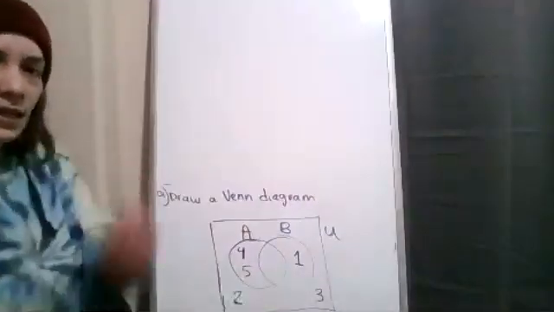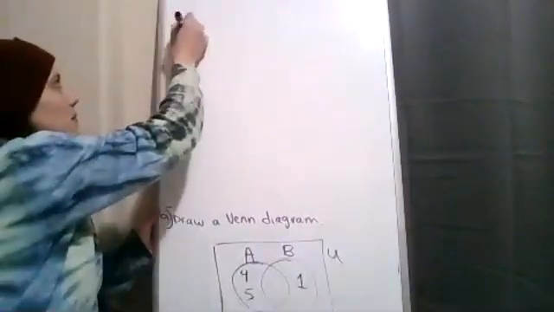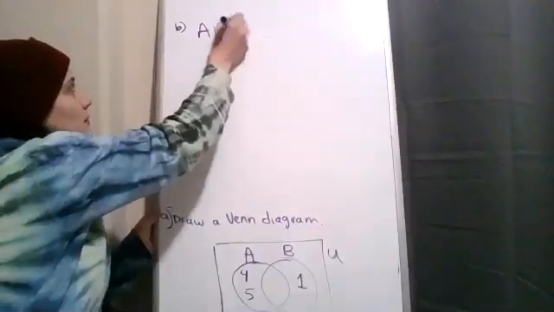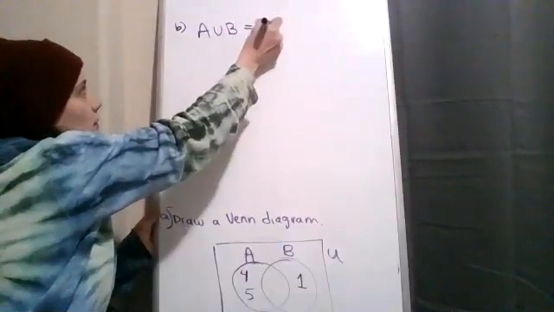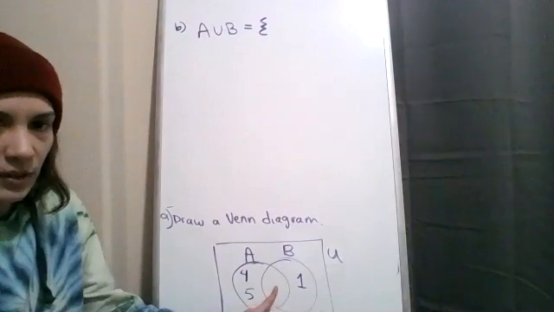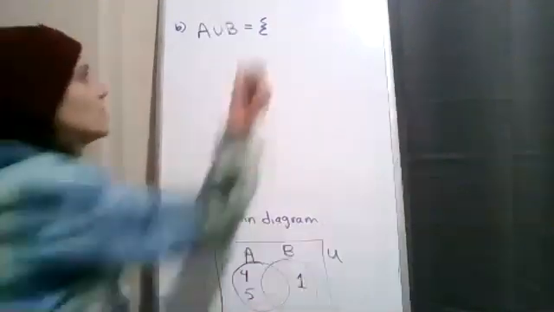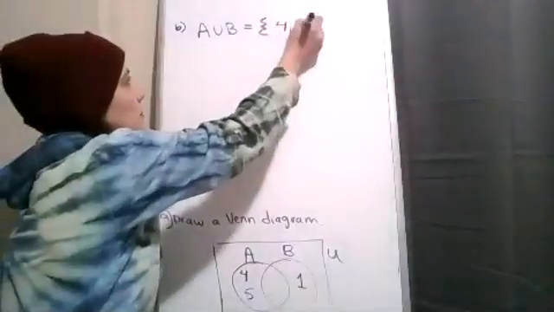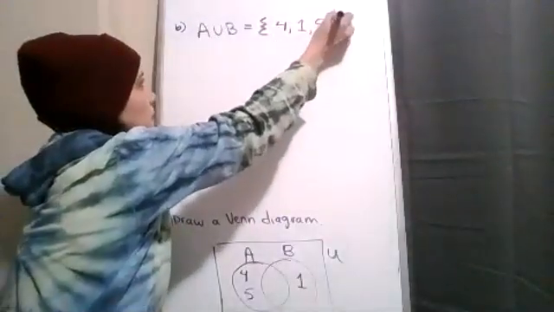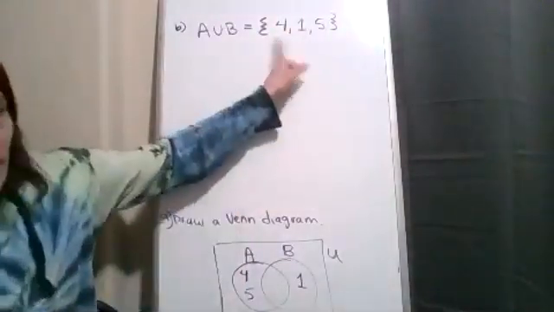Okay, A union B. So elements from A or B or both, you can have 4 and 1 and 5. It doesn't have to be in any particular order.